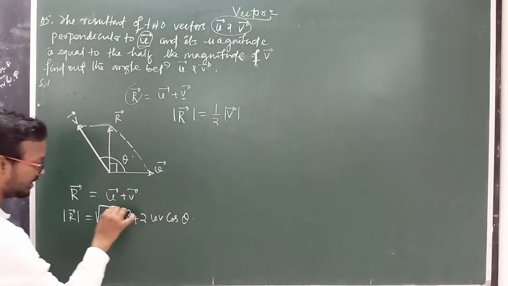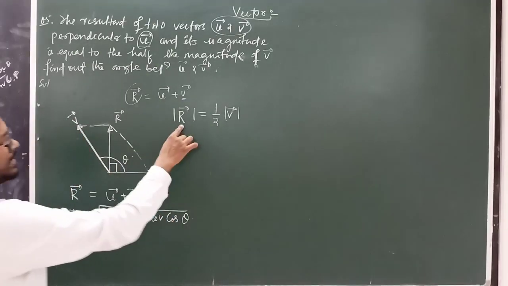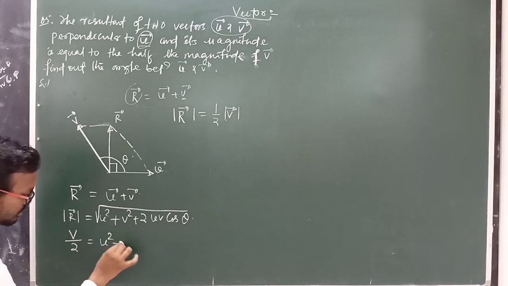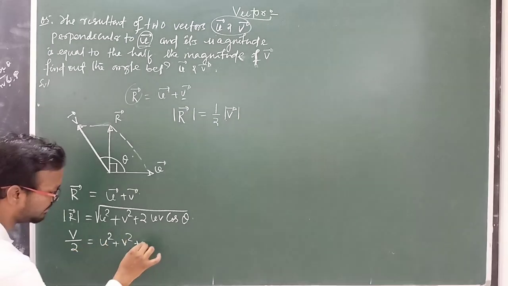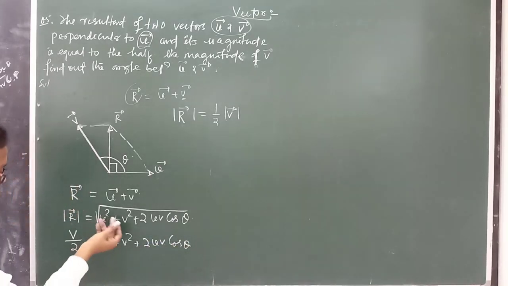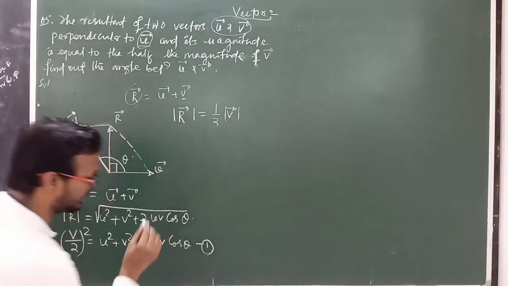Clear? And what is r vector? R vector is equal to v by 2, half of v vector. So we can write v by 2 equal to the square root of u square plus v square plus 2uv cos theta, and if we square both sides, then the square root cancels. This is equation number 1.